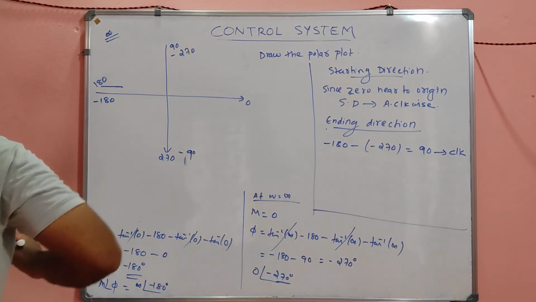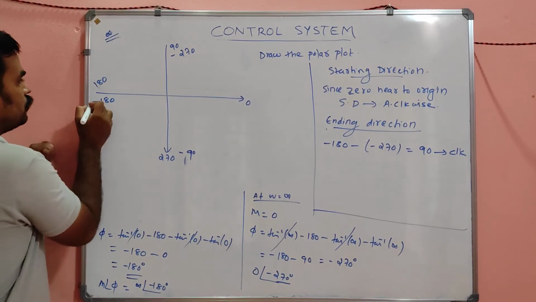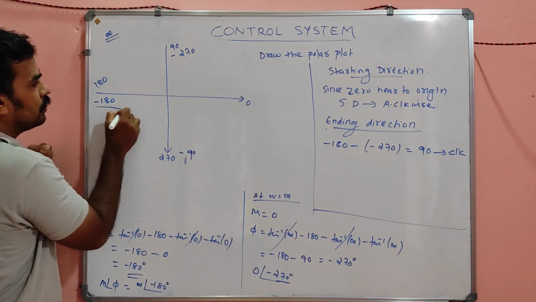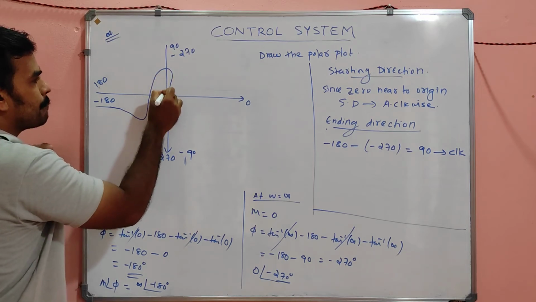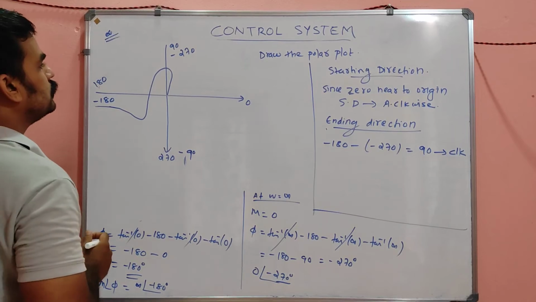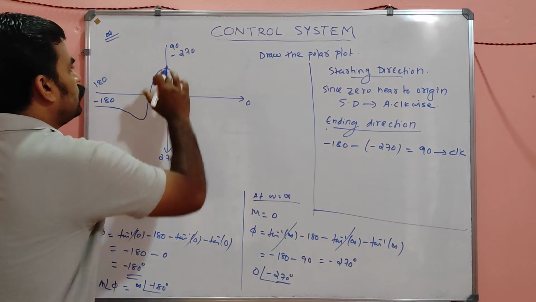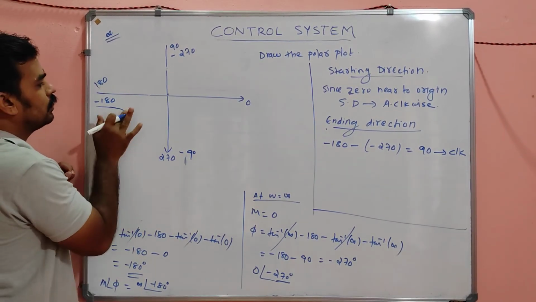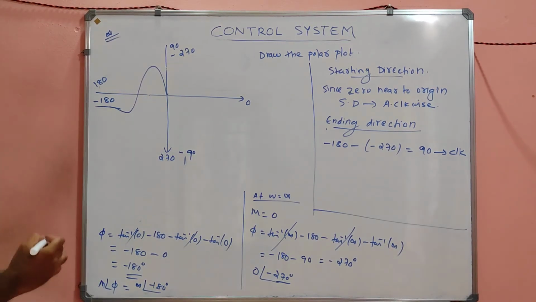So can I draw like this, my dear? So anti-clockwise direction. It should end like minus 270. There need not be any crossing point, my dear. Now see the figure.